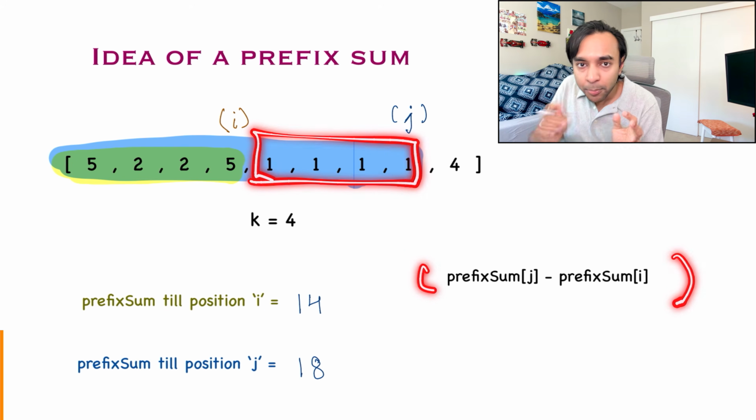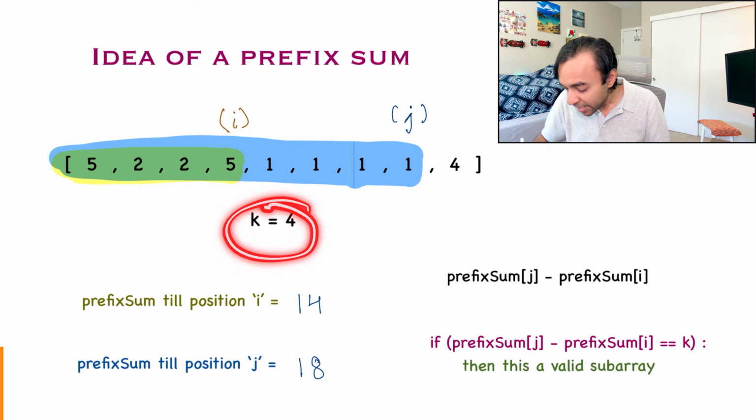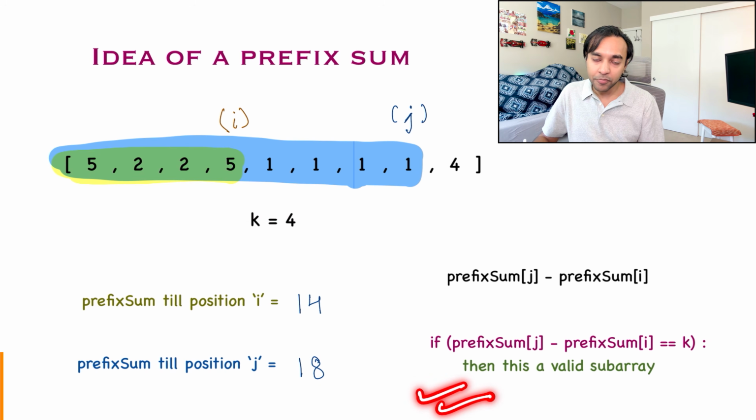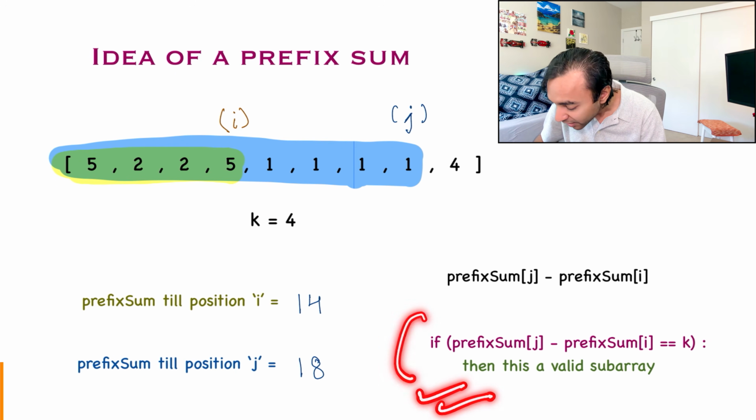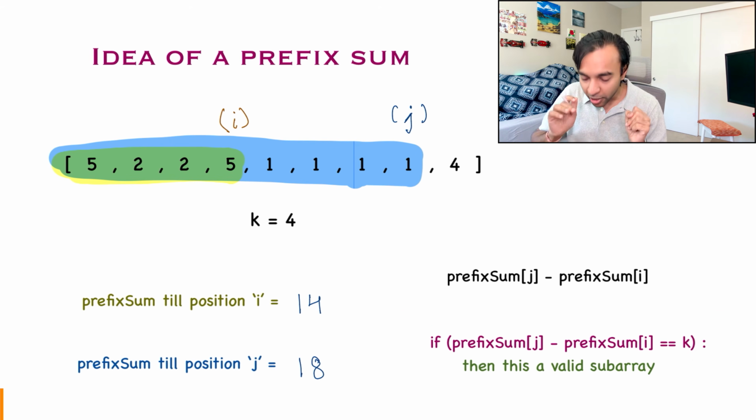And as per our problem statement, what do we have to do? If the sum of this sub-array equals the value k, then this is a valid sub-array. So do you think it is safe to say that if the prefix sum at j minus prefix sum at I is equal to k, then this is a valid sub-array?